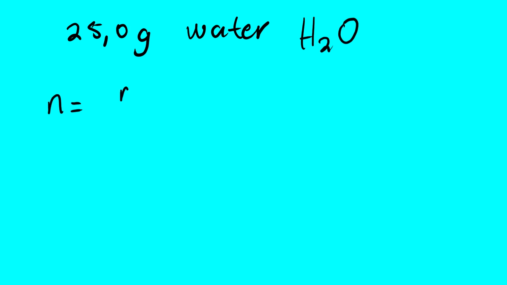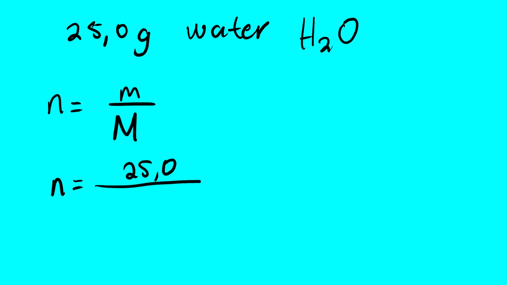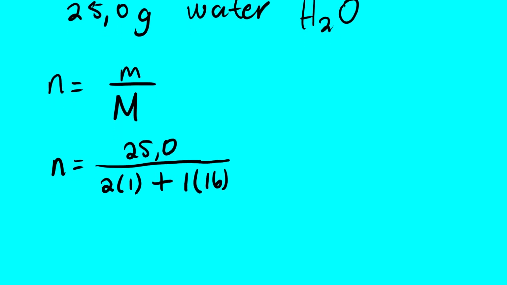So n is equal to m over M. n is equal to 25.0 divided by 2 atoms of hydrogen, 1 as the molar mass, plus 1 atom of oxygen, and we have 16 as the molar mass. This will give us 1.39 mole.